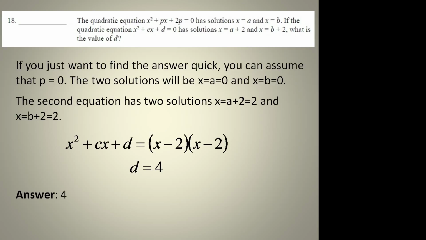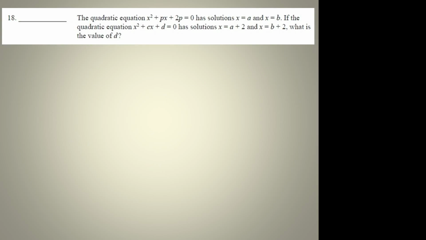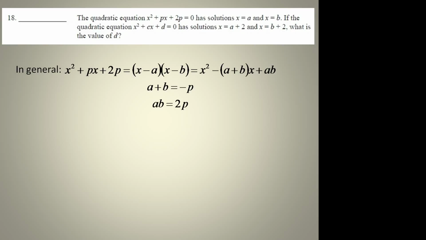So what if we don't believe this? Let's try the unsmart way. Okay, that's not pretty smart. So in general, let's say x squared plus px plus 2p will be x minus a times x minus b. Okay, if x equals a, a minus a is 0. If x equals b, b minus b is 0, that will be 0.